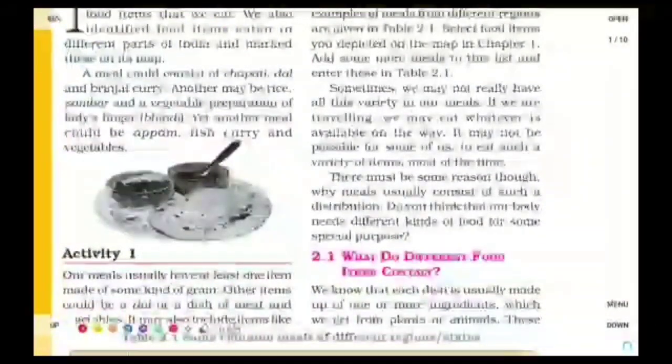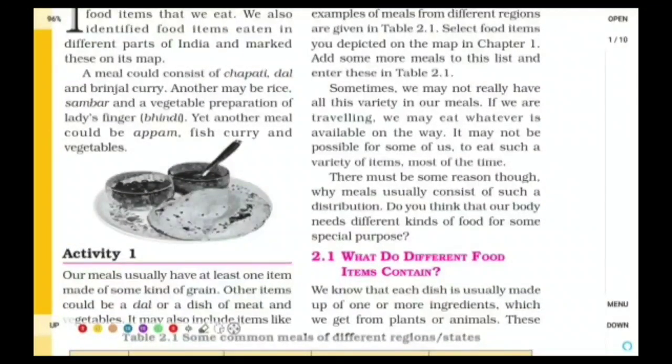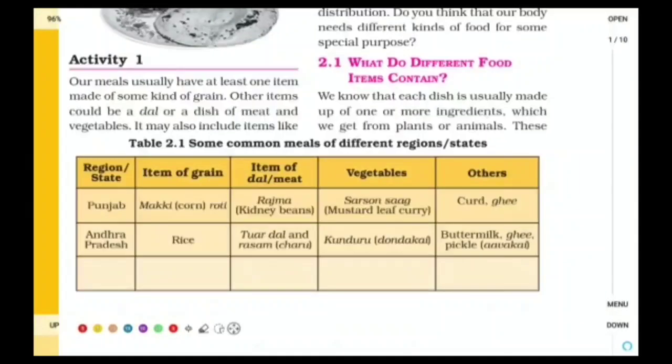Our meal is the best part of the day, we say. While eating, have you ever noticed that people belonging to different states eat different meals, right? Like it's given in the table. People of Punjab eat makka roti, rajma, sarson da saag, curd, ghee, right?